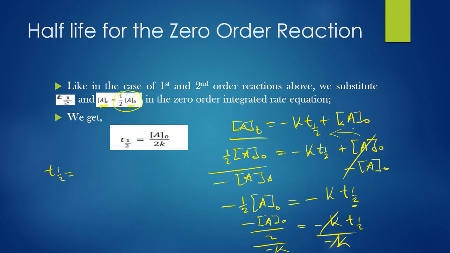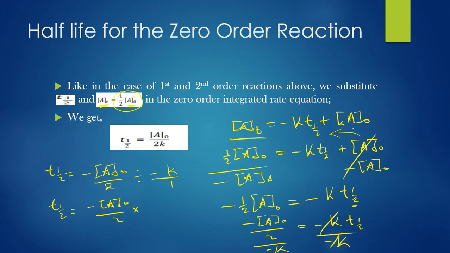We're going to have negative of the initial concentration over 2 divided by negative k. This can go, so 1 over 1 because you balance it, and then you're going to have 1 over 2. Then here, negative of the initial concentration over 2.